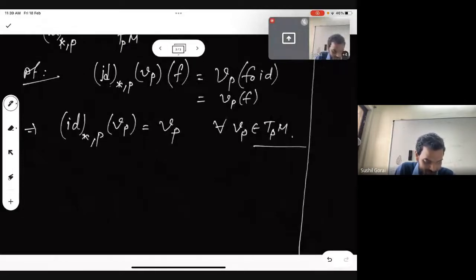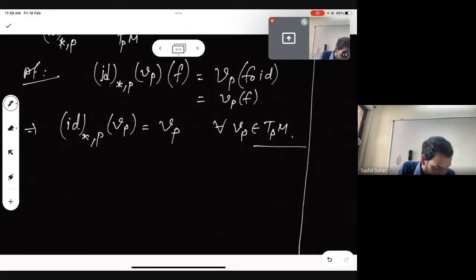A few more things. So, a corollary of the chain rule.